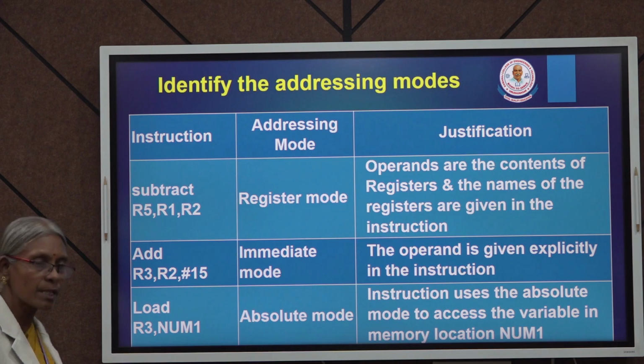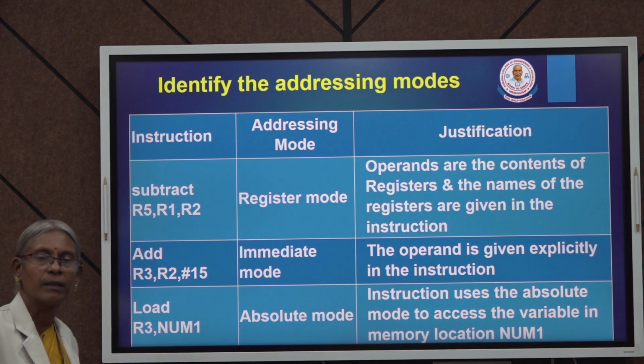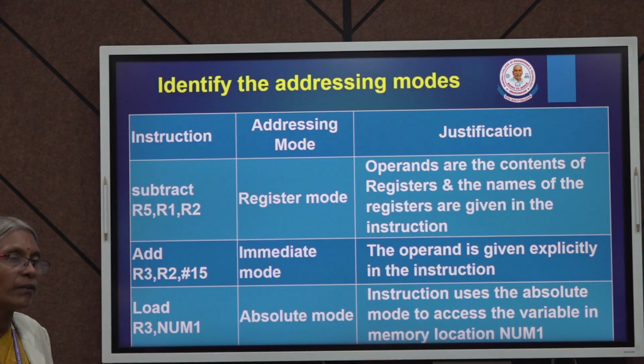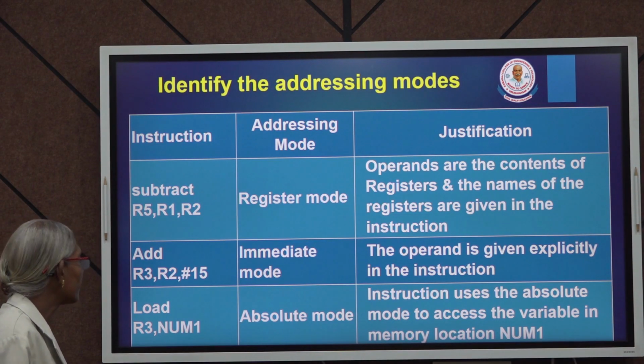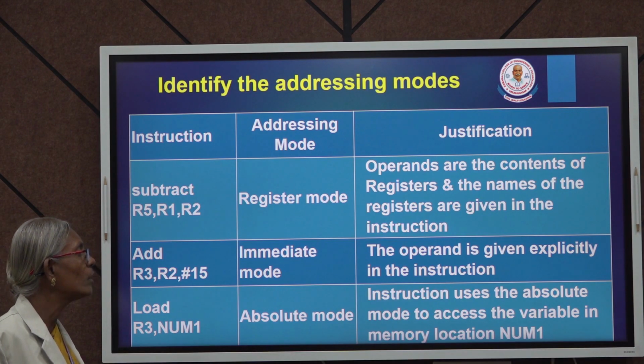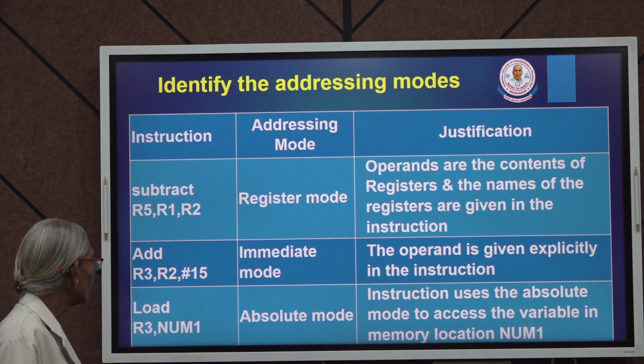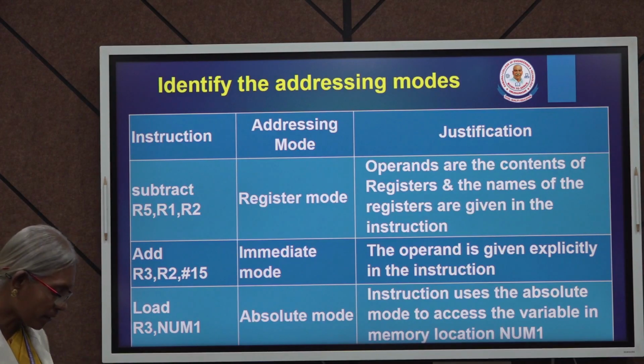We can say it is immediate mode, because one operand, the constant number 15, is given explicitly in the instruction. Coming to the third one, load R3, num1. The addressing mode is absolute mode, because the instruction uses the absolute mode to access the value available in num1.